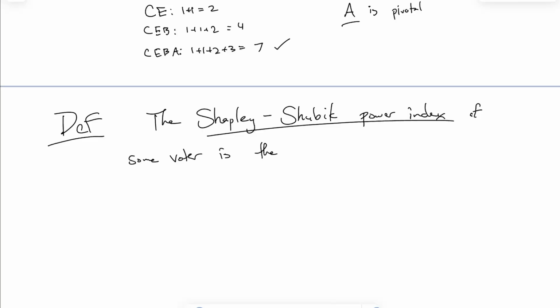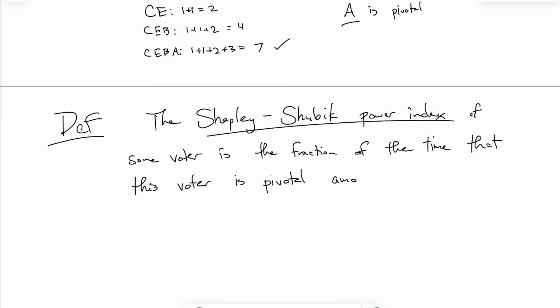You can write this as a fraction, or sometimes people write them as percentages, but I'm just going to write them as fractions. The fraction of the time that this voter is pivotal among all permutations.